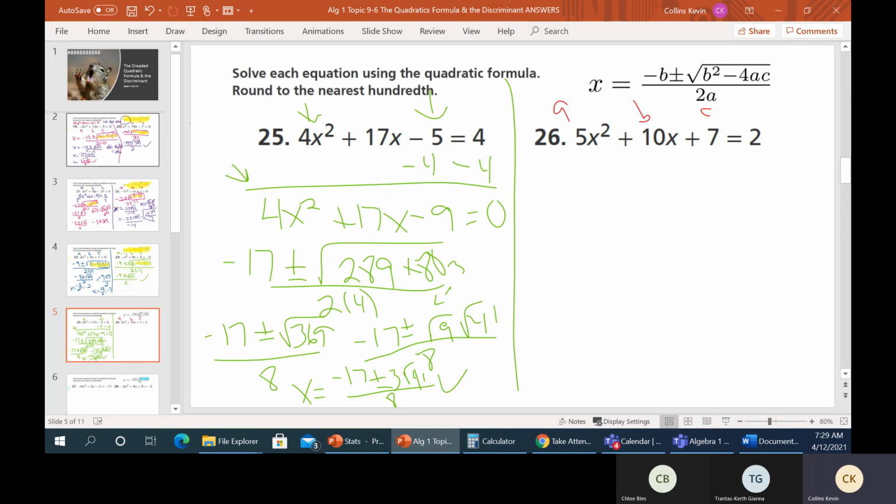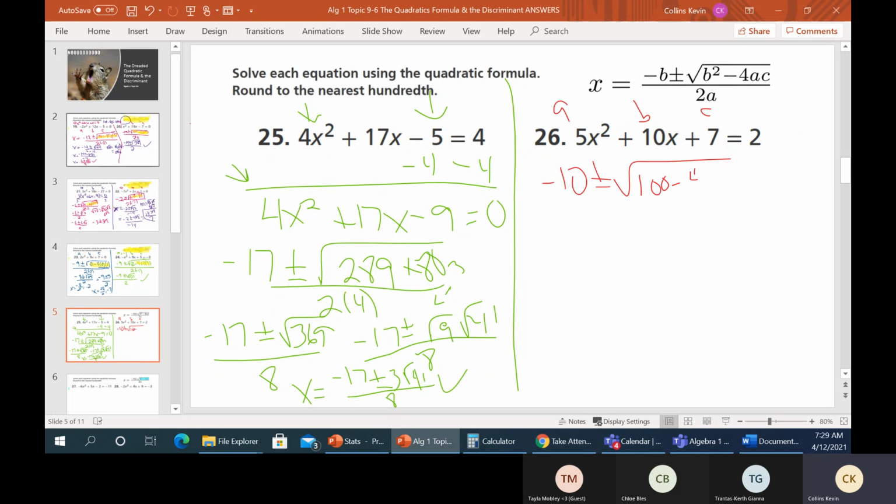So again, we start with minus B, so it's going to be minus 10 plus or minus the square root of 10 squared. So 10 squared is 100.